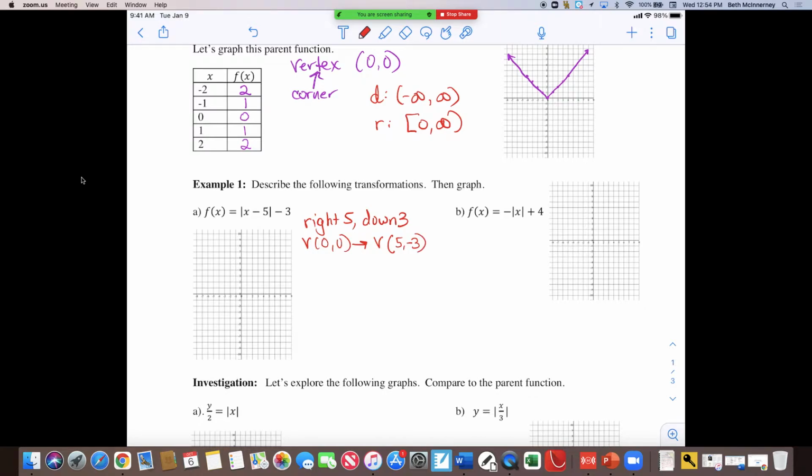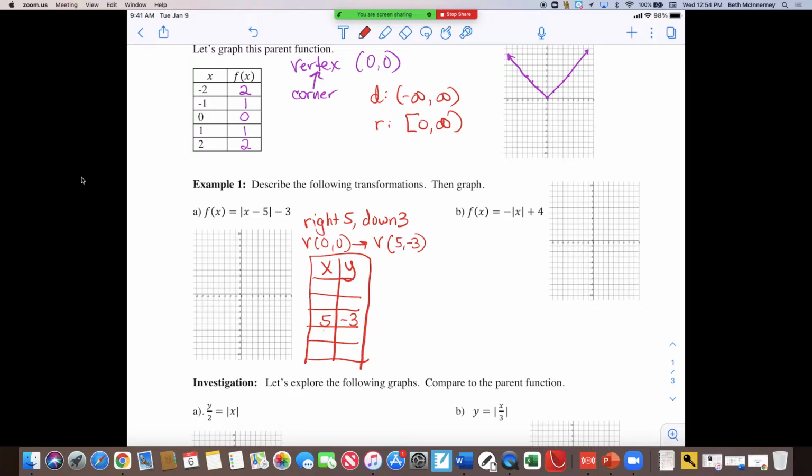So what you can do then is we can take these 5 points. So that was in my middle row. And all you're going to do is take every single point and move it right 5 and then down 3.